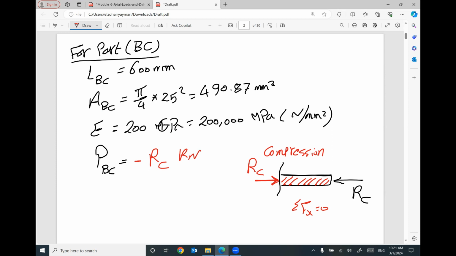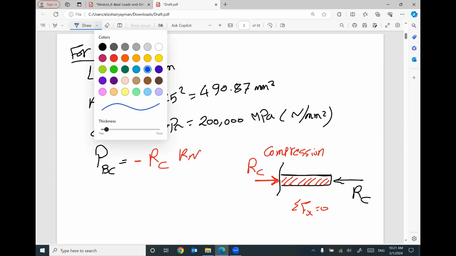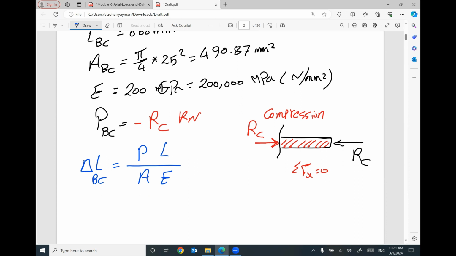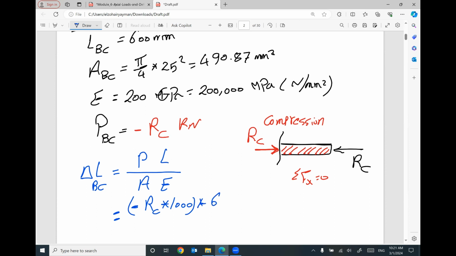Compression. That means the delta L in part BC will equal the applied force times L divided by AE. This axial deformation will be contraction. Contraction means negative. Negative RC, the applied force times 1000 to be in Newton. The length of this part equals 600 millimeter.